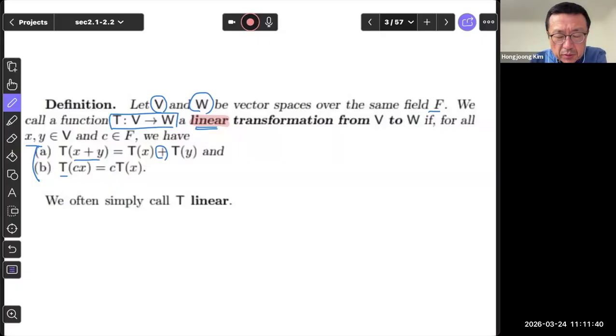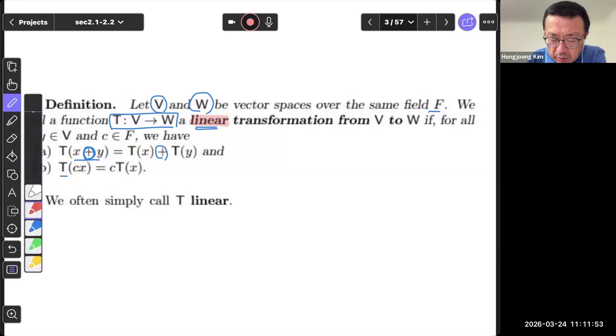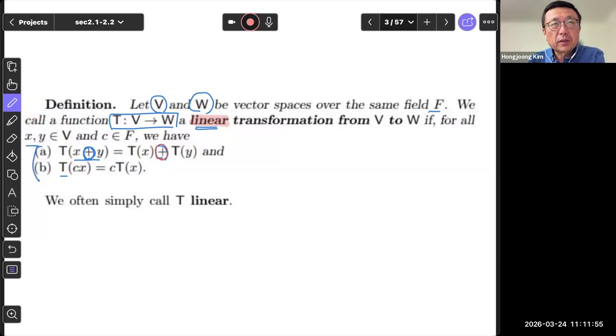Now, in this definition, this plus sign is the addition of vectors within V space. The plus sign on the right is the addition in W space.